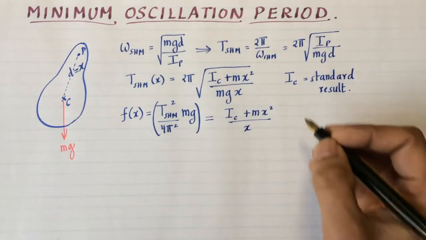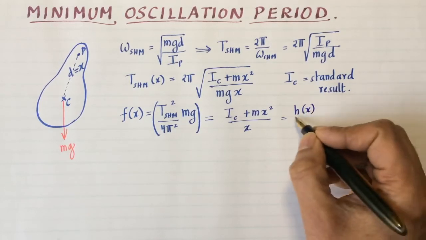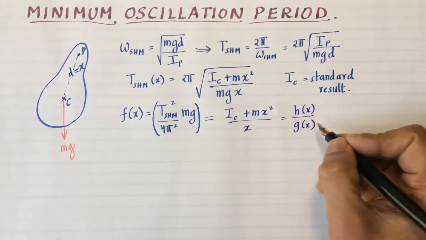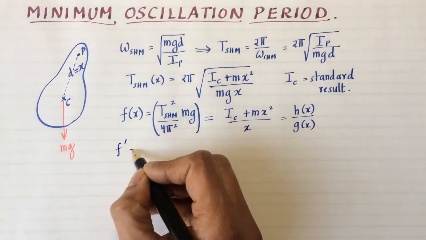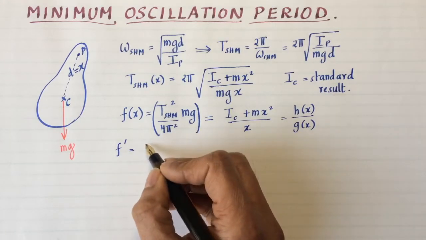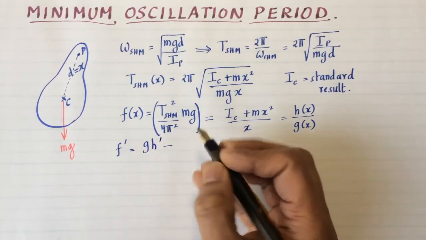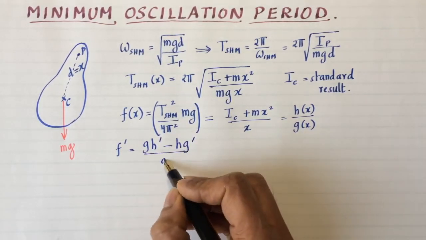We can differentiate this because this looks like the ratio of two functions, which I'll call h of x and g of x, and we can use the quotient rule. So f prime would be, the quotient rule goes like low d high minus high d low, divided by low squared.